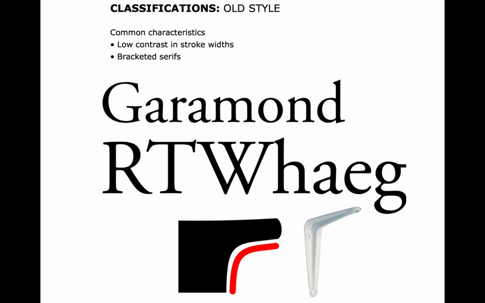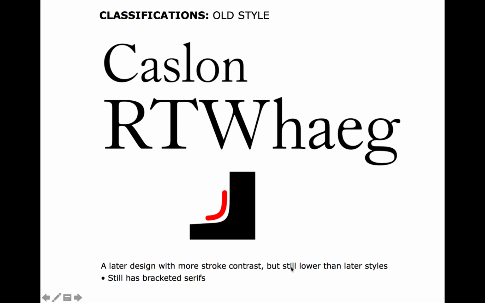Old style common characteristics are going to have low contrast in stroke widths, and then they're going to have bracketed serifs. So you'll see a slight curve from the stem of the letter into the serif. Just very similar to a bracket that you would use on a bookshelf or something.